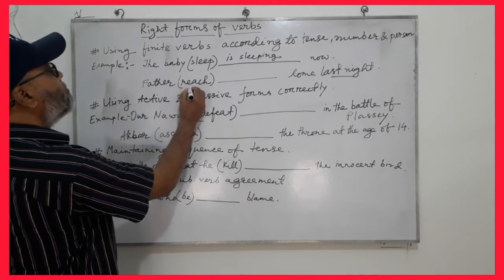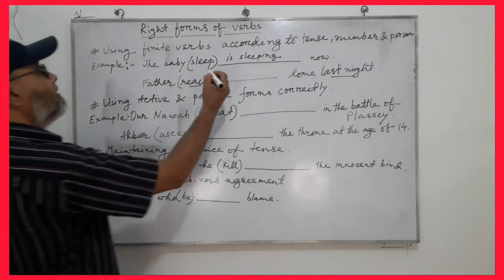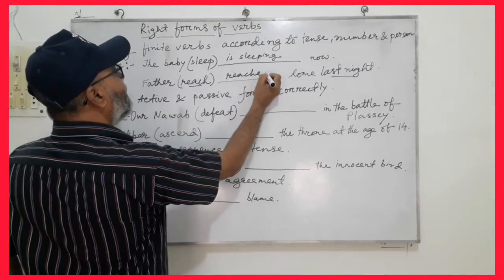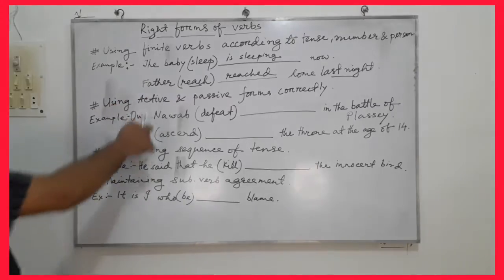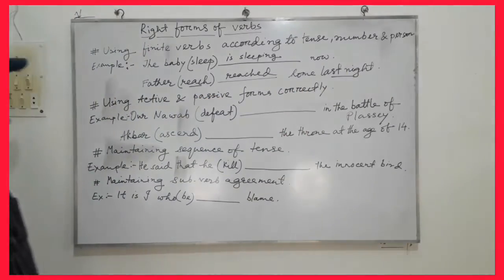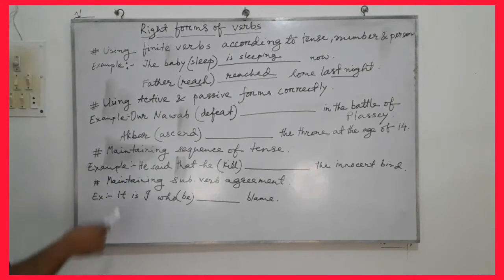So we have to use past form of this verb reach. Then the sentence would be father reached home last night. I think the matter is clear to you now.